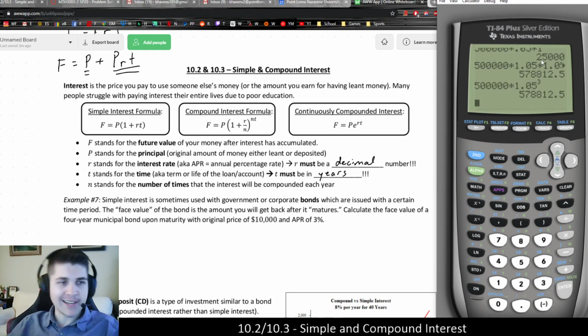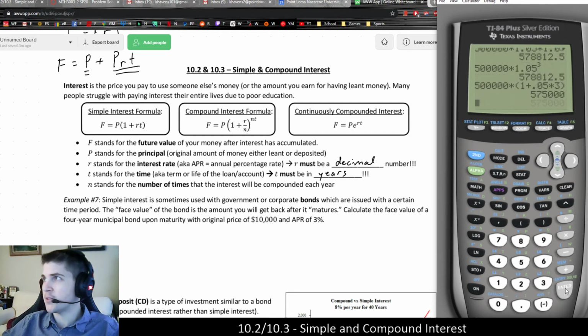When it's compounded over 3 years, it's going to give me a different answer than if it was behaving under simple interest over 3 years. Sorry, I was just trying to replicate those formulas and do a quick comparison.